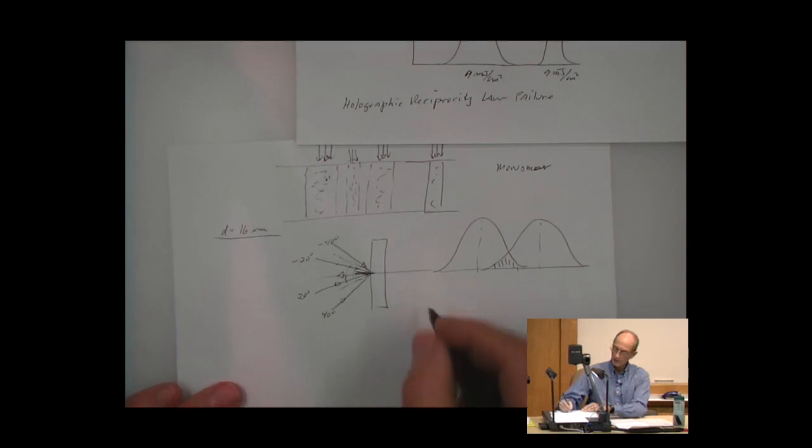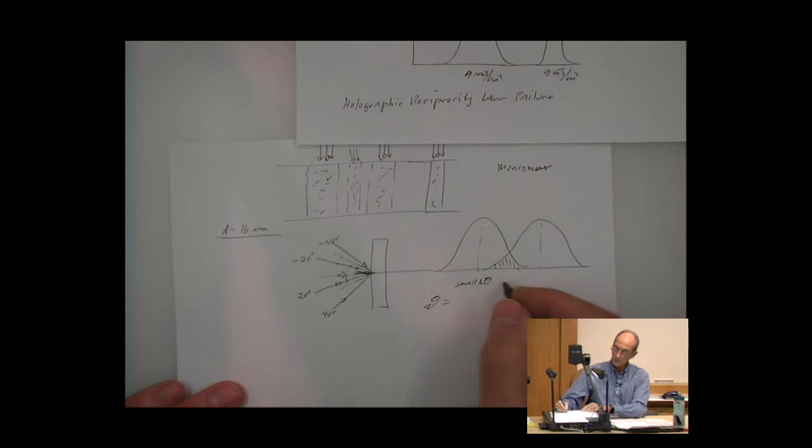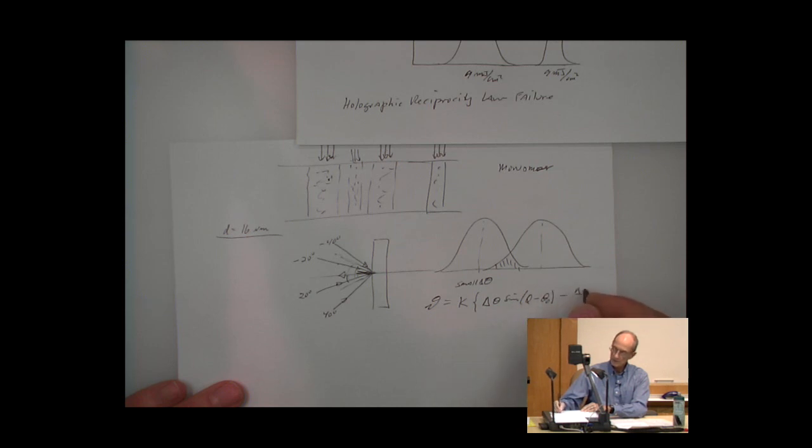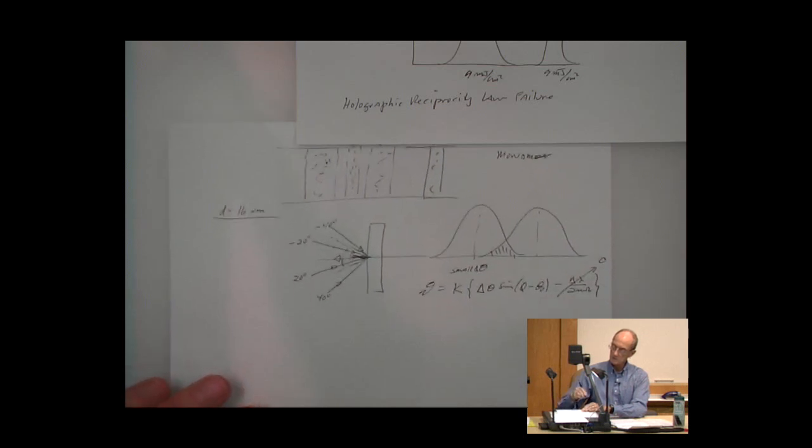All right, and again, the way you can get at that is by looking at that detuning parameter that we talked about, which for the small angle, say delta theta deviations from Bragg, those were equal to, say, k times delta theta sine of phi minus theta 0 minus delta lambda over 2n lambda. Now in this case, since we're not changing the wavelength, that term is 0.